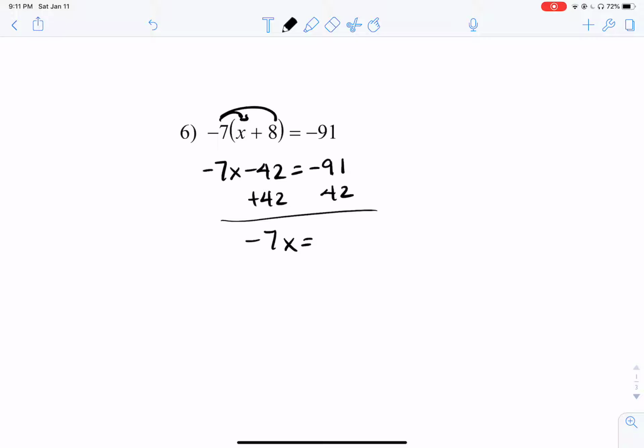So negative 91 plus 42. Well, that's equal to negative 49. We're going to divide by negative 7, and the value of x is 7.